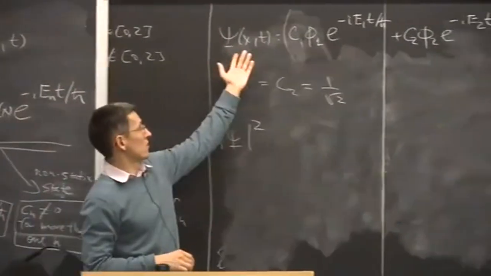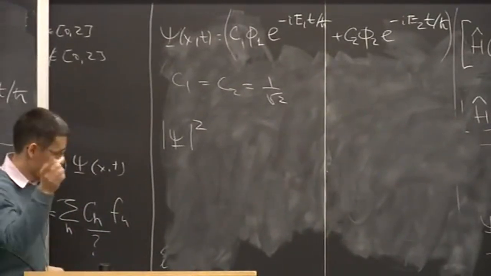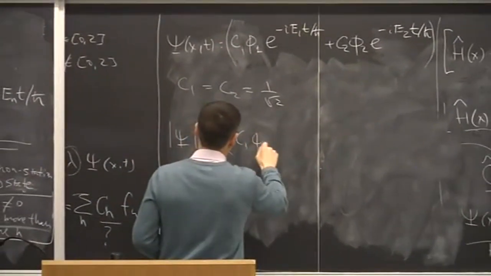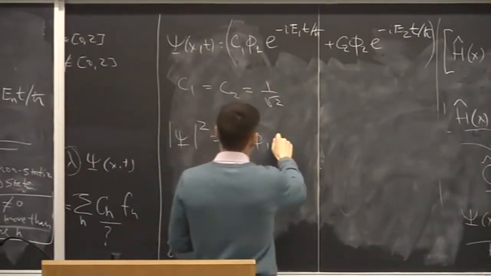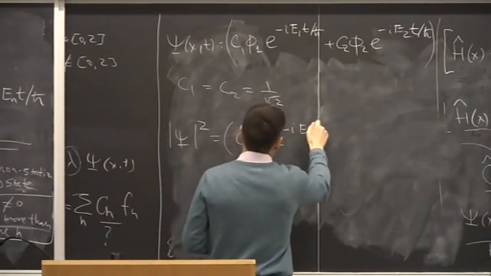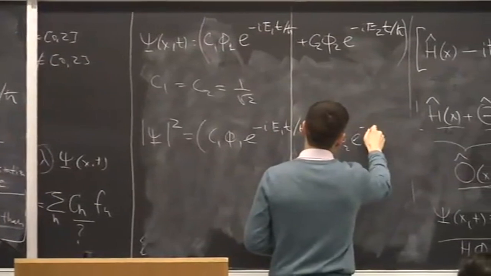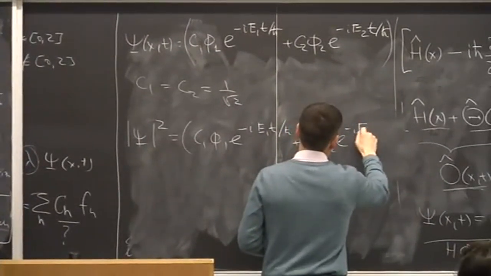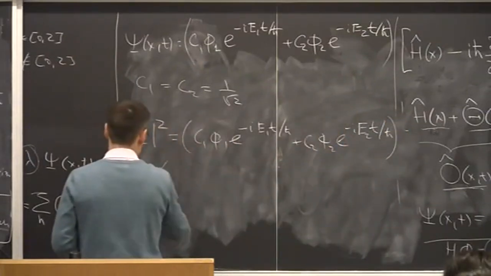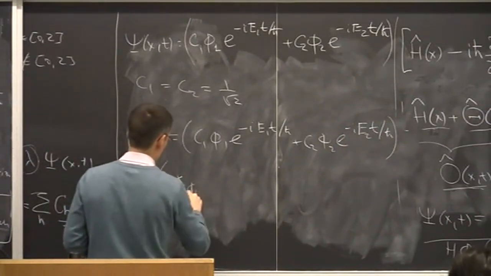We have 2 terms in the function. When we square it, how many terms do we get? 4, that's right. The first bracket will be the function itself, plus C2 term, and the second bracket will be the conjugated function.